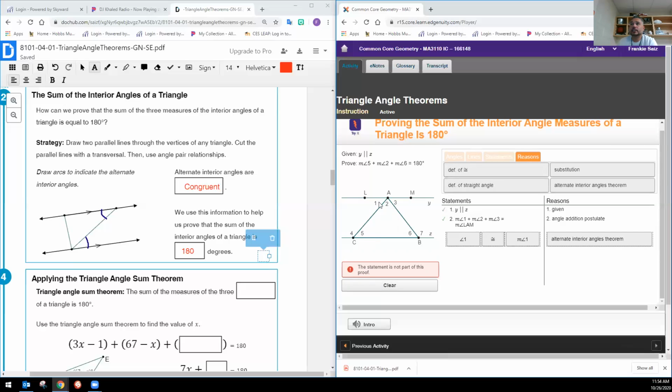Because that should be equal to that, so that's how we're proving those ones.